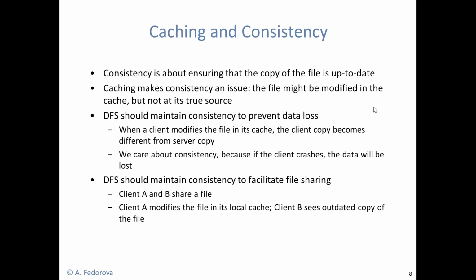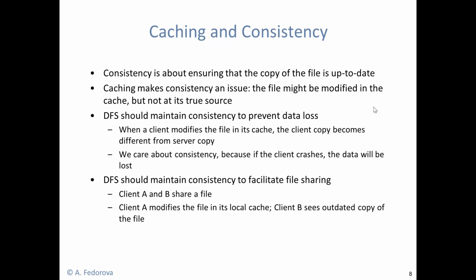If you have a cache in a distributed file system, you have to be worried about consistency. Consistency is about ensuring that the copy of the file is up to date. A consistency issue arises when the file might be modified in the cache but not at its true source.